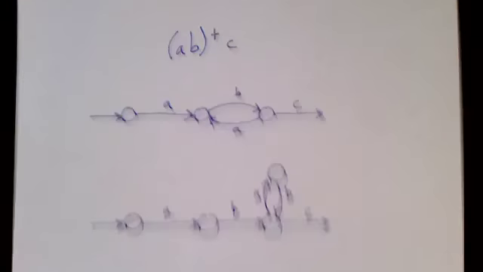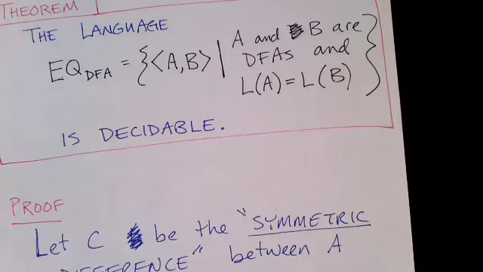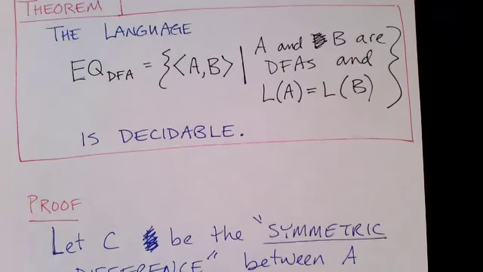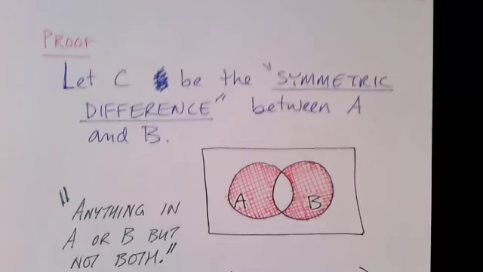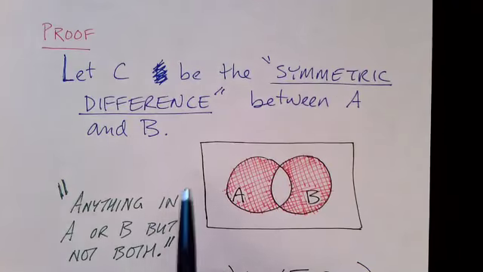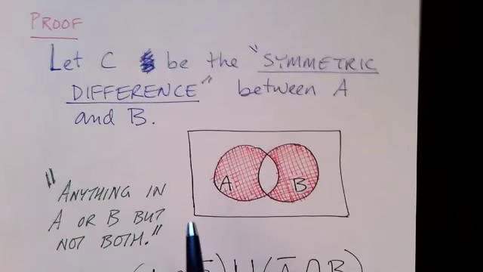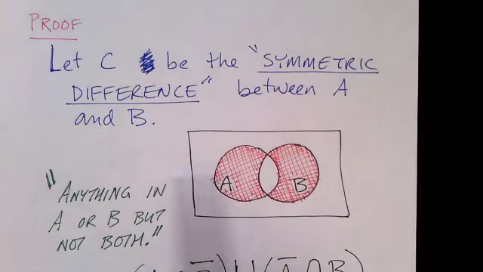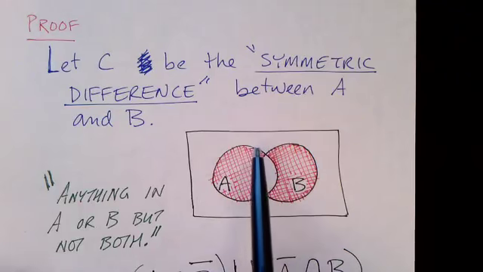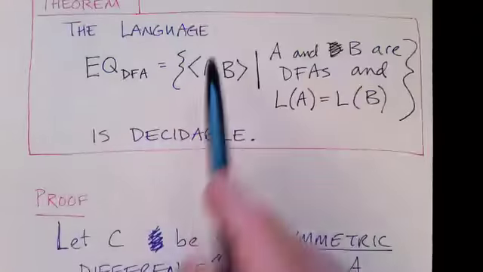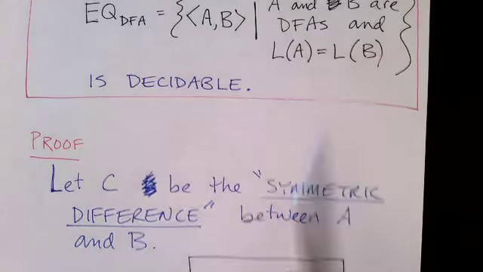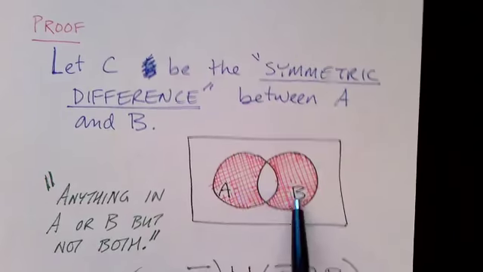So I'm going to next talk about a different way to determine whether the languages are the same or not. And to do that, I want to talk about symmetric difference. So let me define the symmetric difference between two sets, A and B. In this case, we called our machines A and B up here, and a language is a set, but perhaps I should have called these X and Y down here.